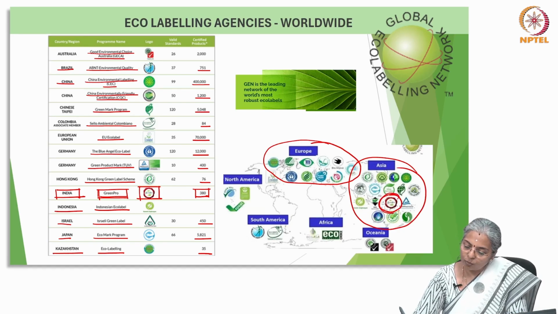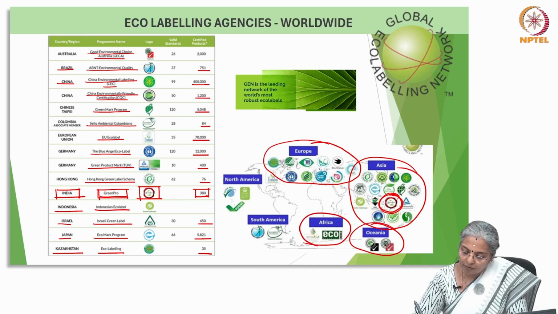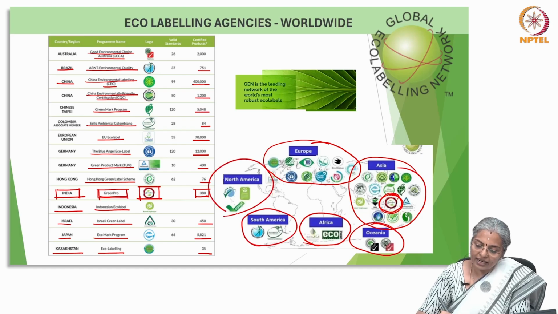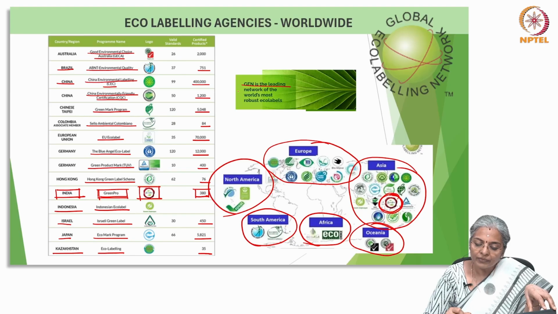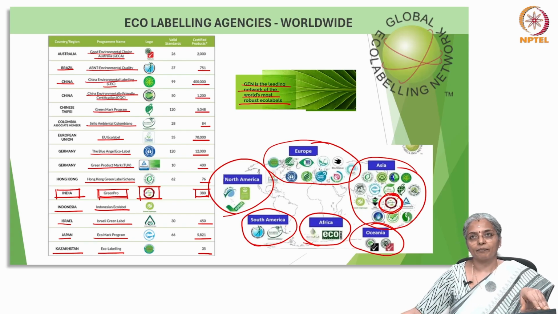This is Green Pro by India. Again, Oceania has its own certifying agencies. Africa follows some other bodies. South America and North America have their own bodies. So, GEN is a leading network of the world's most robust eco labels.